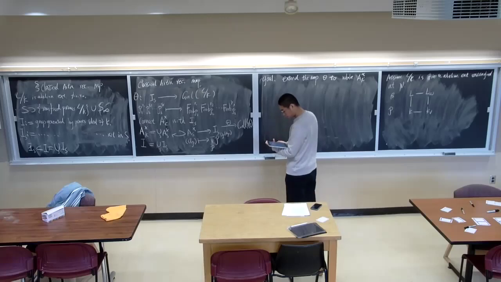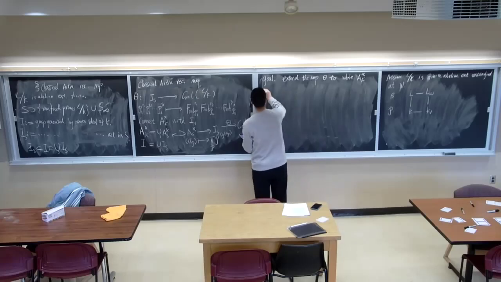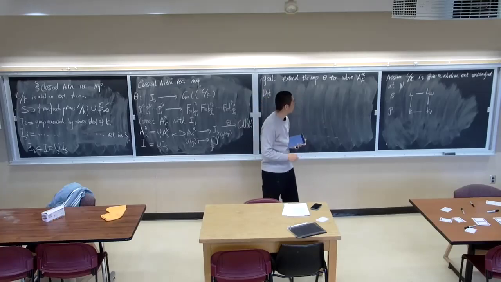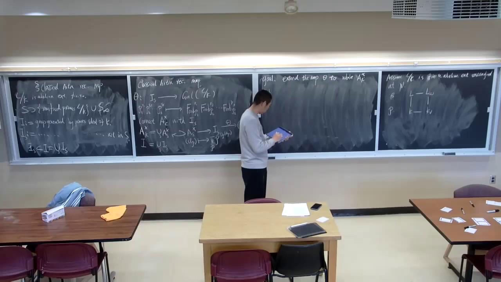So we first need a definition called the admissible homomorphism, and then a theorem about the admissible map.